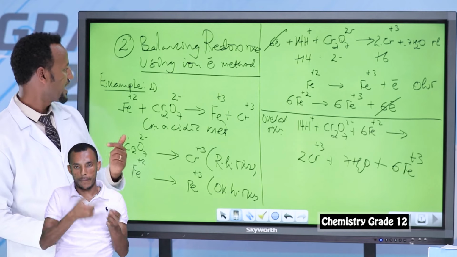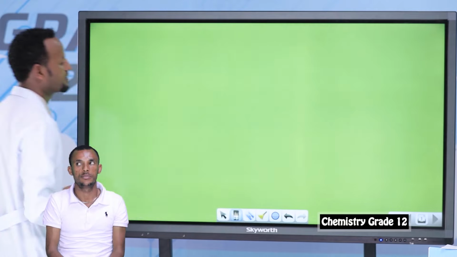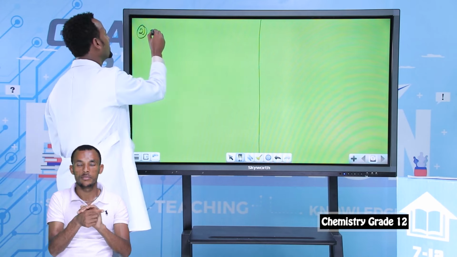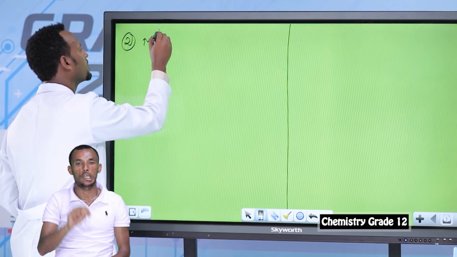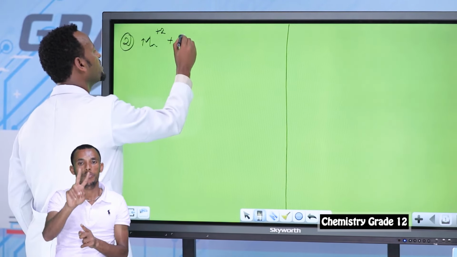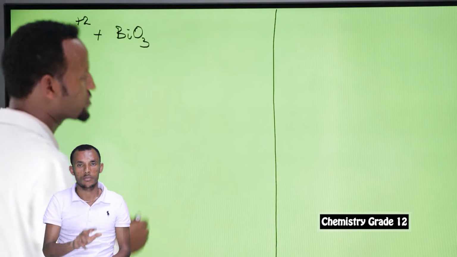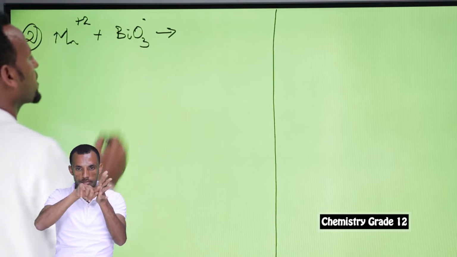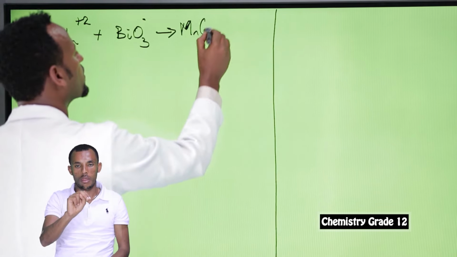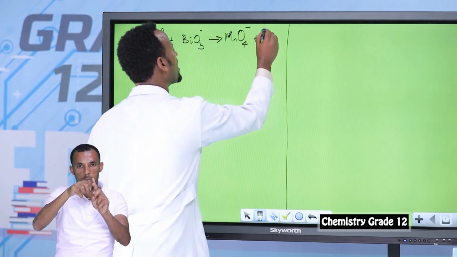Look at the second example. Okay, the second example is Mn plus 2 plus BiO3 minus converted into MnO4 minus plus Bi.